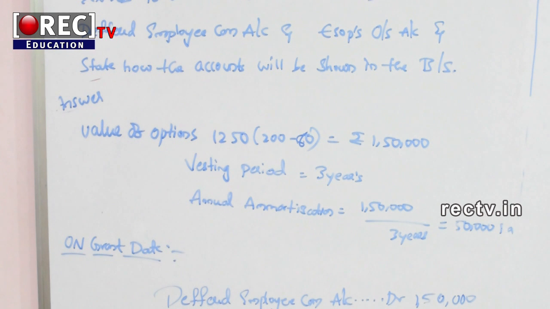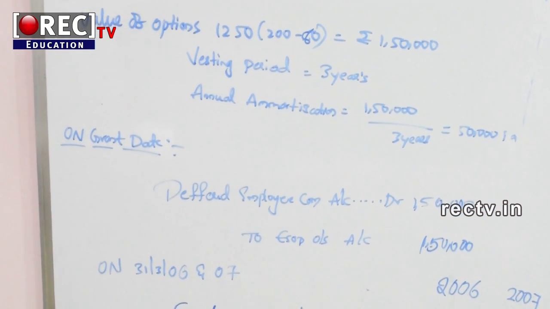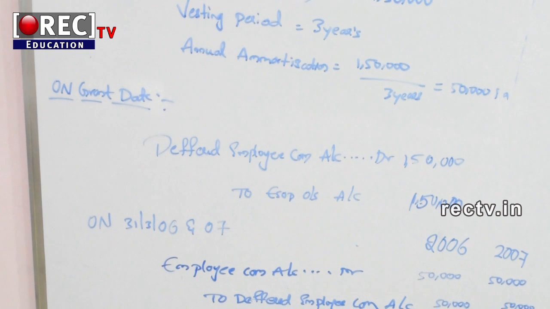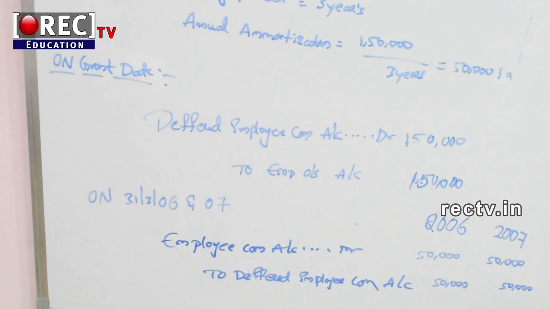The vesting period is 3 years and the annual amortization is 1,50,000 divided by 3 years, that is 50,000 per annum. And on the grant date, the entry passed by the entity is deferred employee compensation account debit to ESOPs outstanding account, the amount being the value of options, that is 1,50,000.